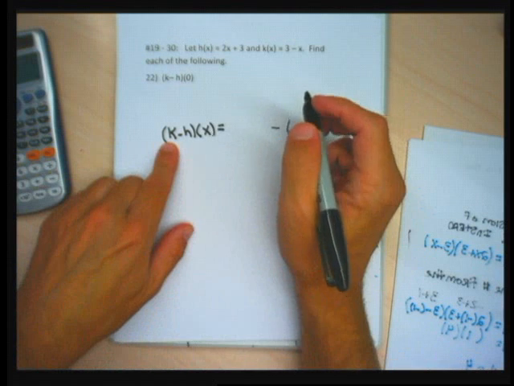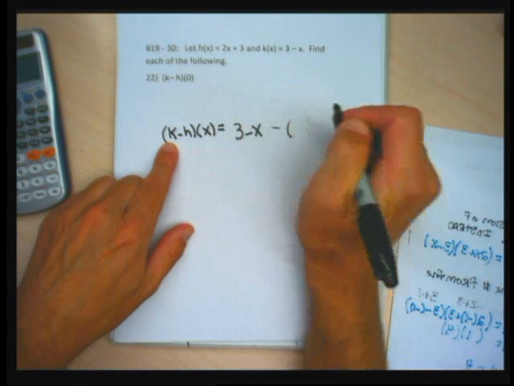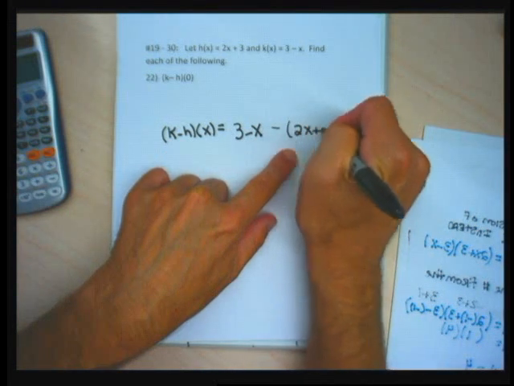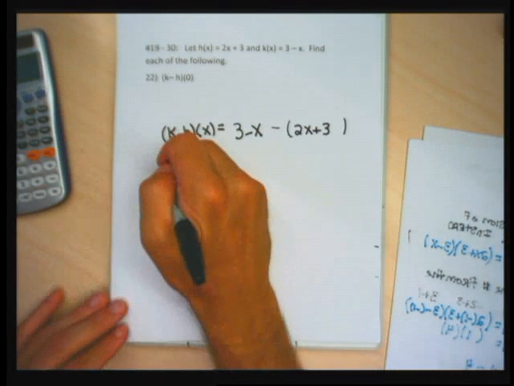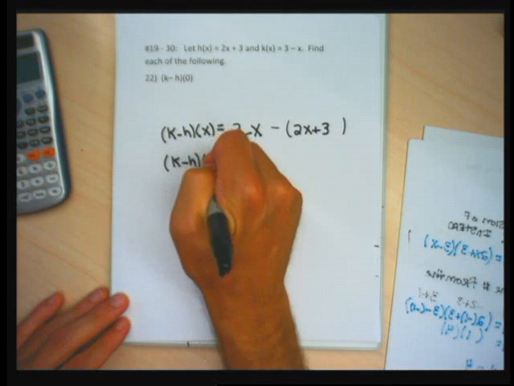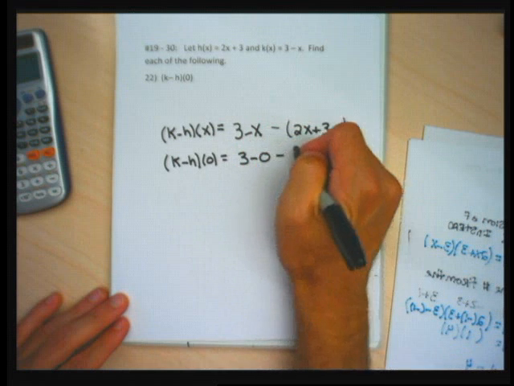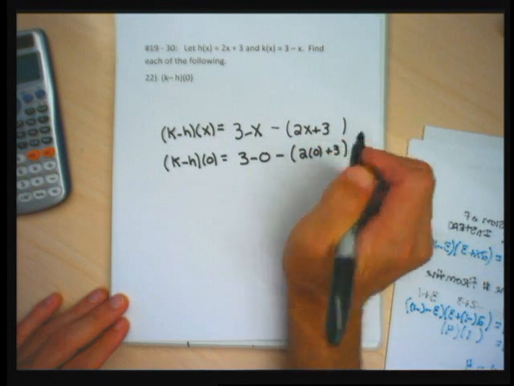First, I'm going to write the right side of the k function, which is 3 minus x. Then the minus from the problem, then the right side of the h function, which is 2x plus 3. I don't need to simplify that. It's much easier to simplify with the number 0 than it is with the letter x. And in this problem, I have to change the x to a 0 anyways. So I'm going to wait till I change the x to 0 to do my simplifying.